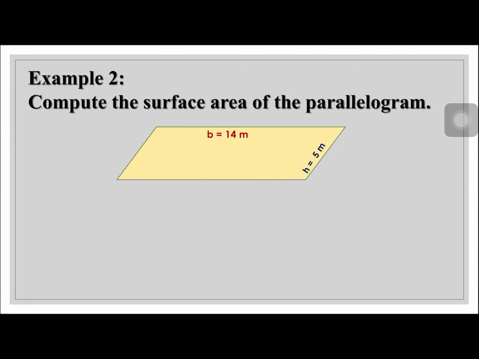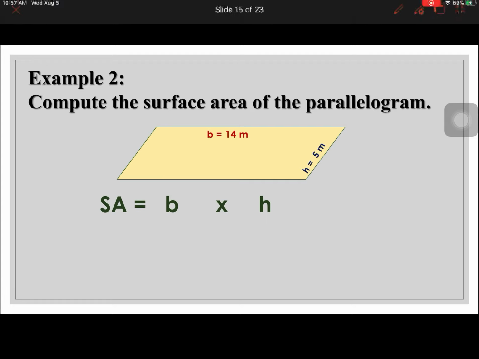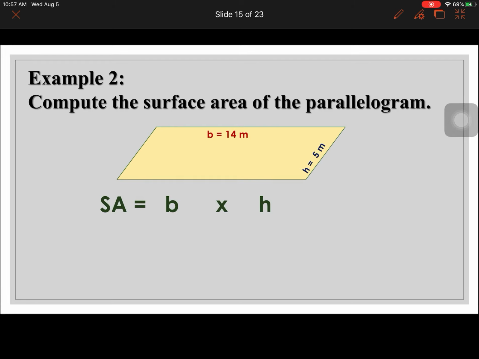Ngayon, kayo naman na mag-compute para sa surface area ng parallelogram. It is the same formula as for the surface area of a rhombus. Use base times height. I will give you 15 seconds to compute it. Okay?